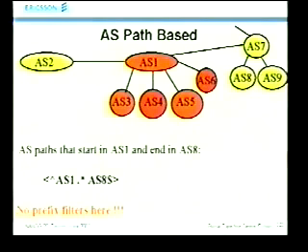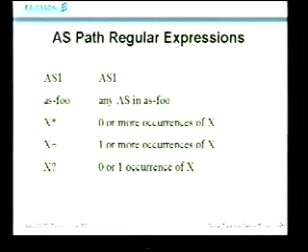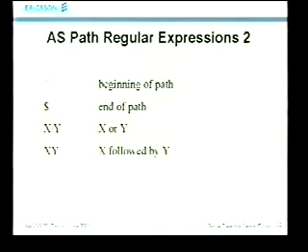It's filters based on AS paths. And we have AS path regular expressions. And they mean more or less what you think they'd mean. Zero or more occurrences, one or more occurrences, and so on. Beginning of path, end of path, X or Y, X followed by Y.